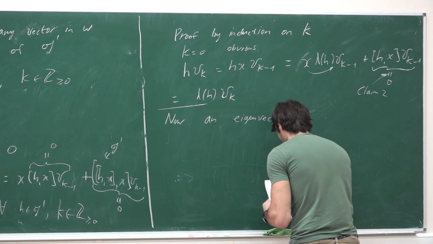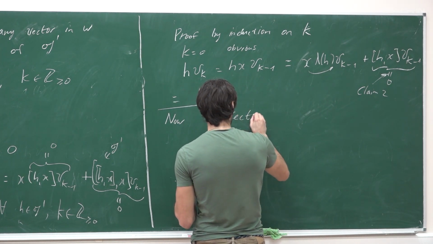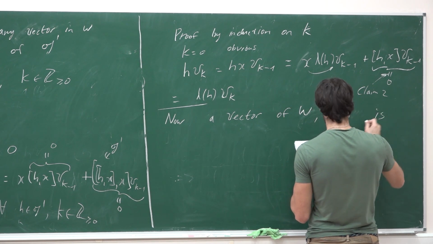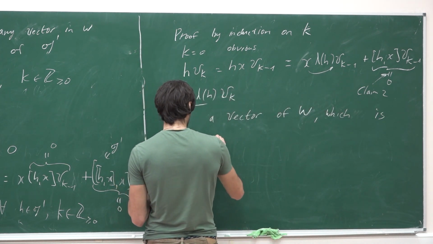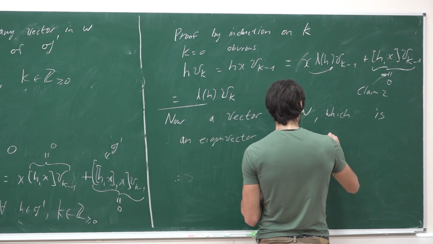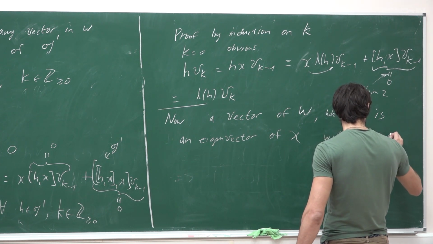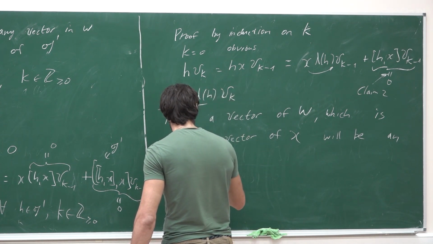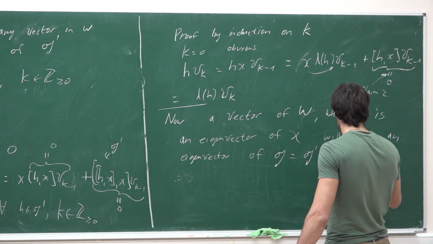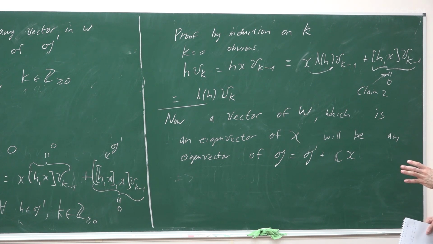Now a vector of W which is an eigenvector of X will be an eigenvector of the whole G, of course, because G is G prime plus Cx. So this proves a step of induction for us.